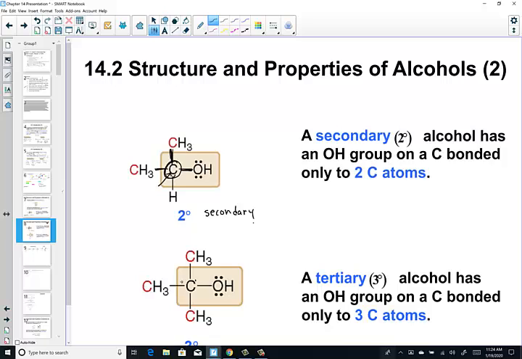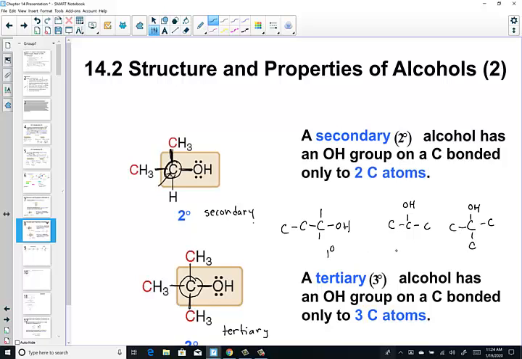And finally, the carbon that's attached to the OH is attached to three other carbons, and that's what we call a tertiary alcohol. This is going to be critical as we look at the chemical reactions of alcohols, because a primary, which has the OH group at the end, reacts very differently than a secondary, which has a carbon attached to two other carbons, which reacts very differently than a tertiary.